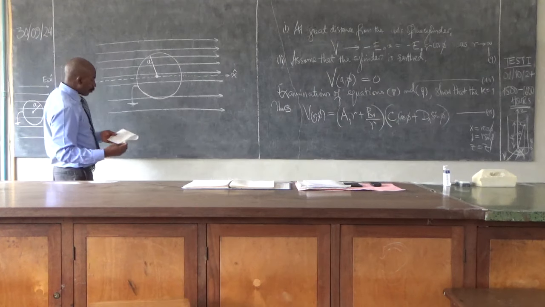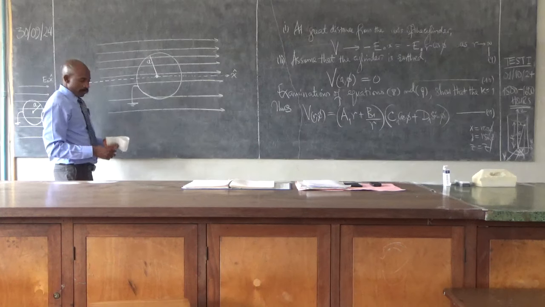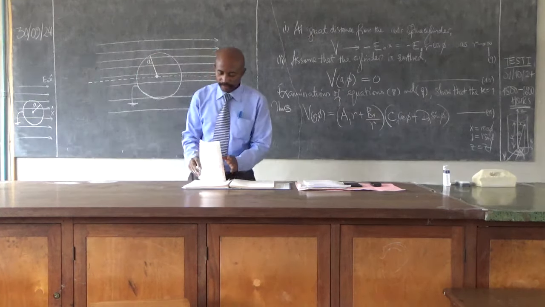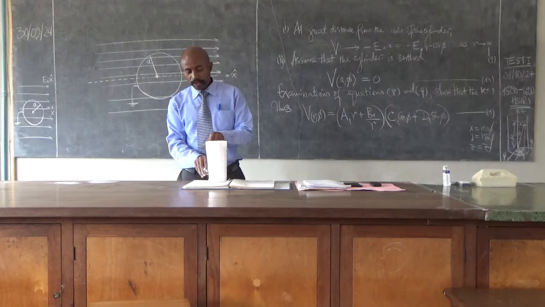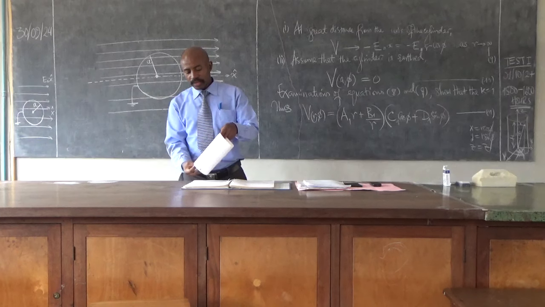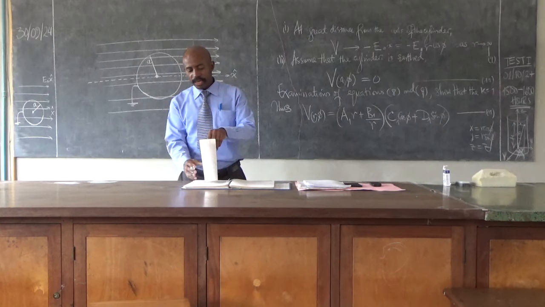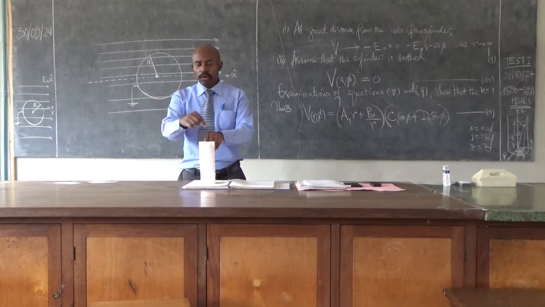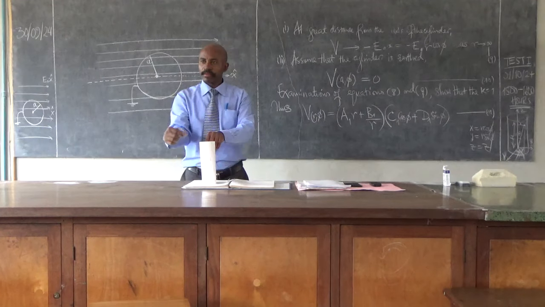And then we can talk of any two points. This is the cylinder here, assuming the z was upright. With this cylinder being like this, we are looking at any two points on either side of this cylinder.